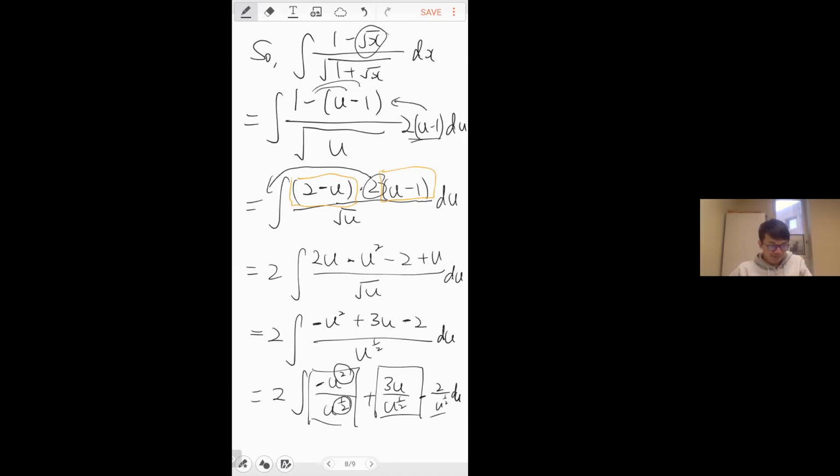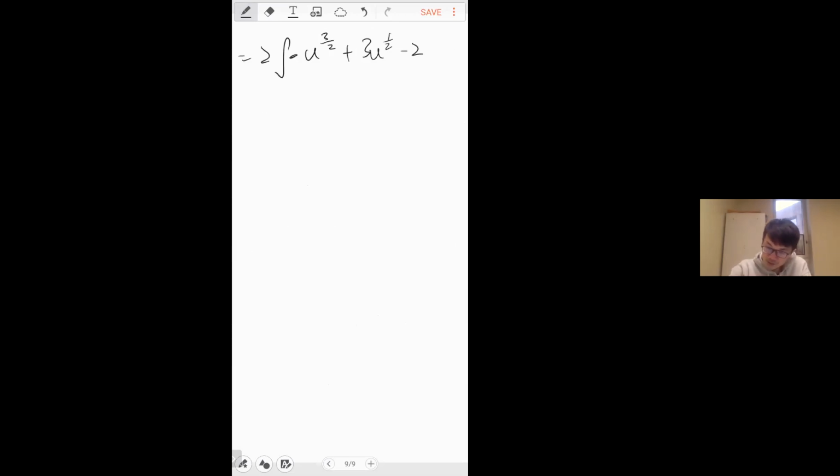The last term, minus 2 divided by u to the 1/2. What is it? Okay. So this is minus 2 times u to the negative 1/2.